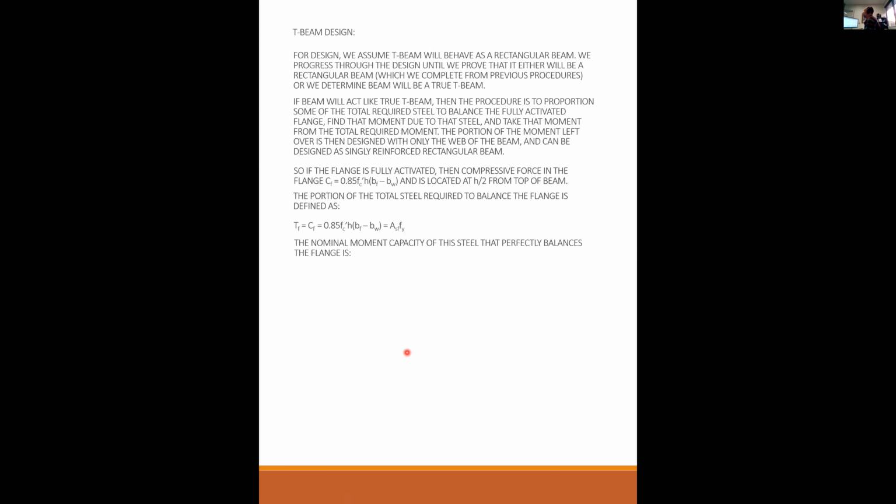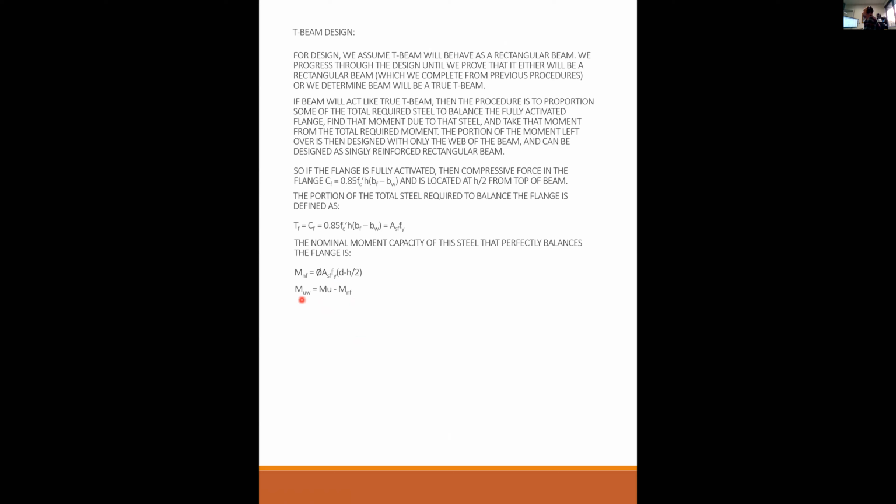The nominal moment capacity of this steel that perfectly balances the flange is Asf Fy (d minus h/2), because the centroid of that compression is at h/2.